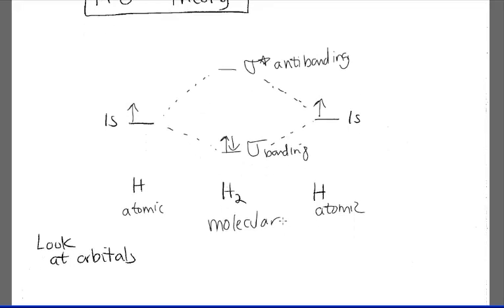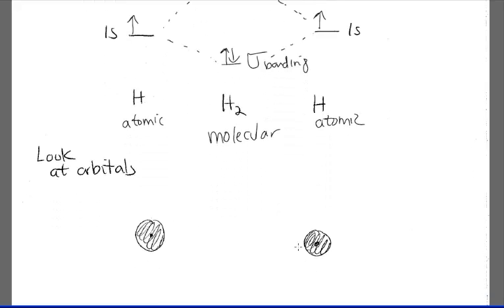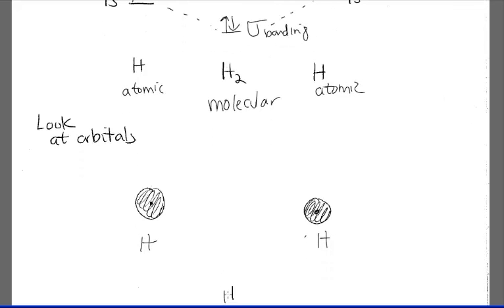Okay, and we can show the orbitals themselves. These are the hydrogen orbitals, plain 1s orbitals. And then when you make H2, the lower one is something like this, filled in, and the upper one is one filled in and one not, and there is a node between them.